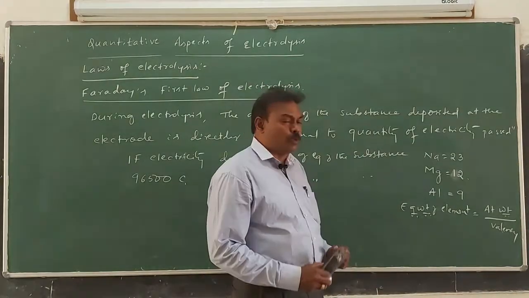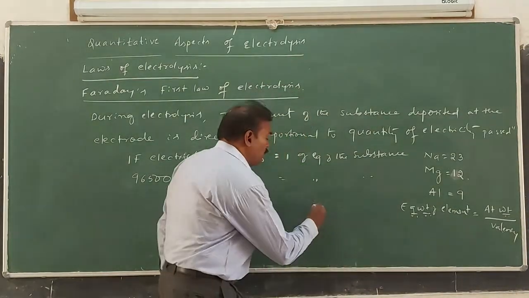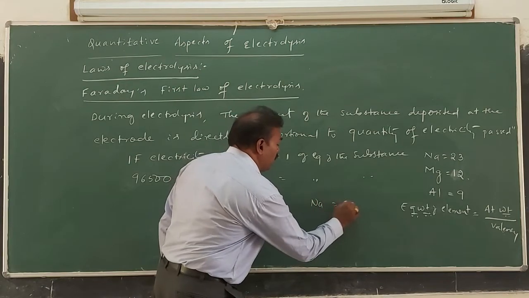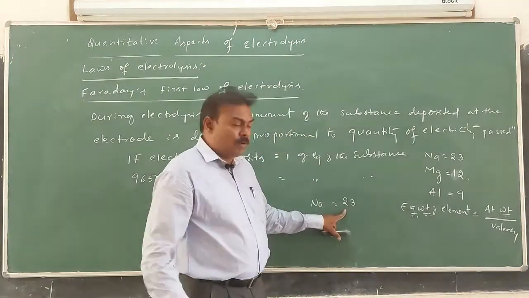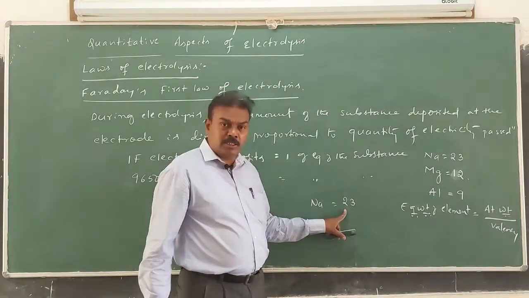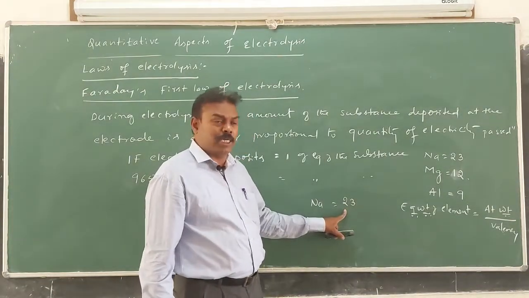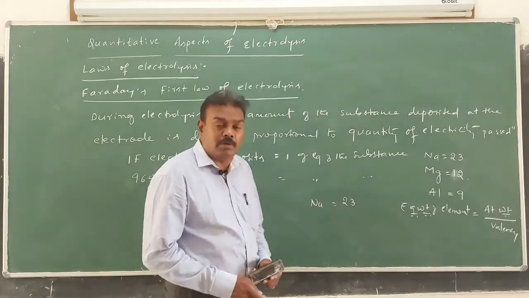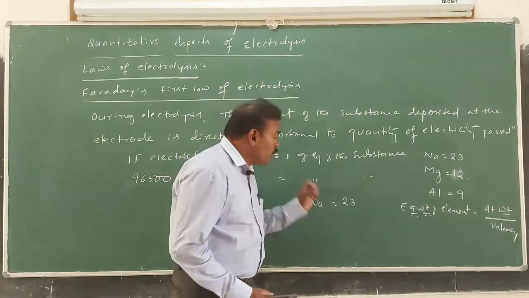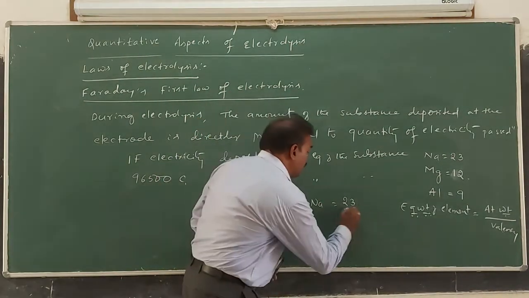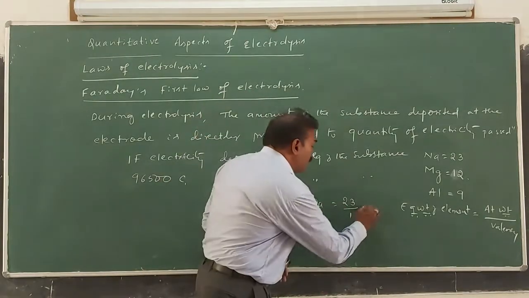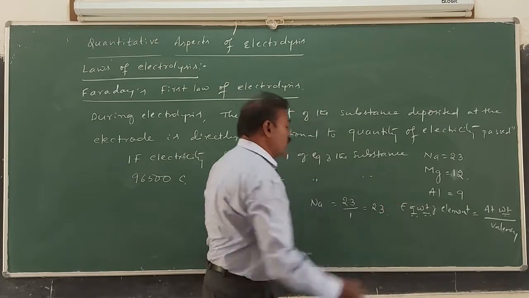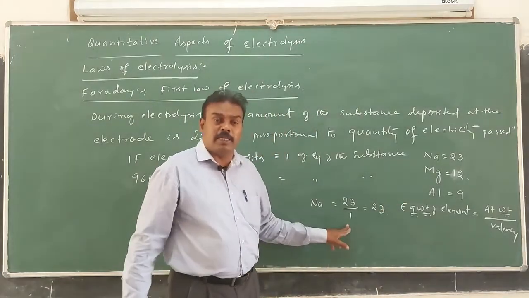Suppose I take sodium: what is the atomic weight of sodium? It is 23. What is the valency of sodium? Valency means the number of electrons lost, gained or shared by an atom of an element. Sodium has valency 1. Therefore its atomic weight and equivalent weight are the same: atomic weight 23, equivalent weight 23.